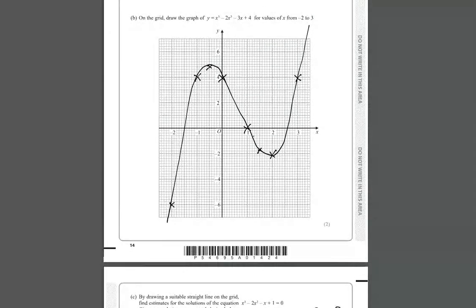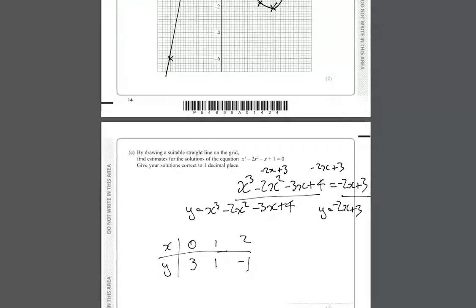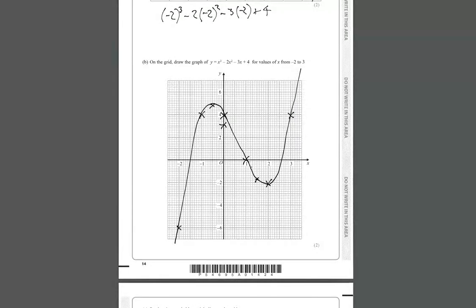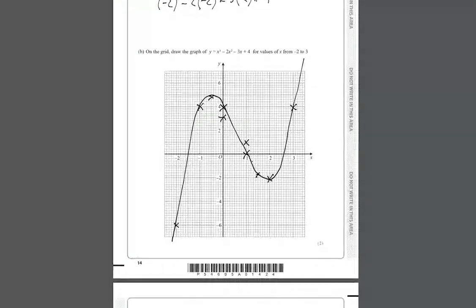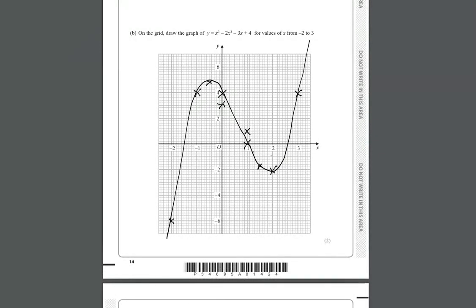So 0, 3; 1, 1; and 2, minus 1. So that's the line, so I can now join that up with a ruler.